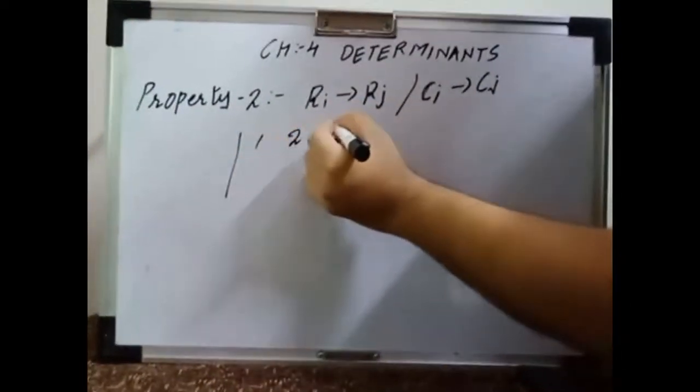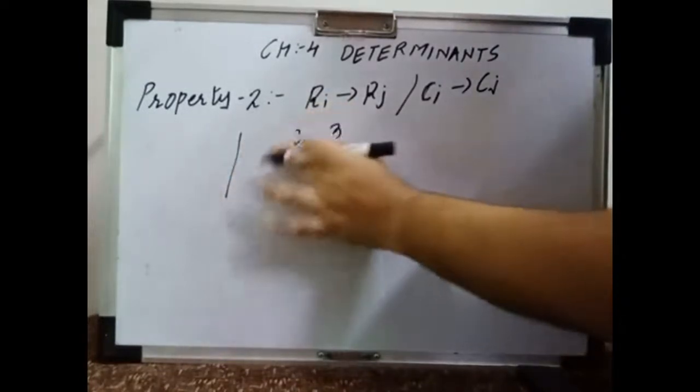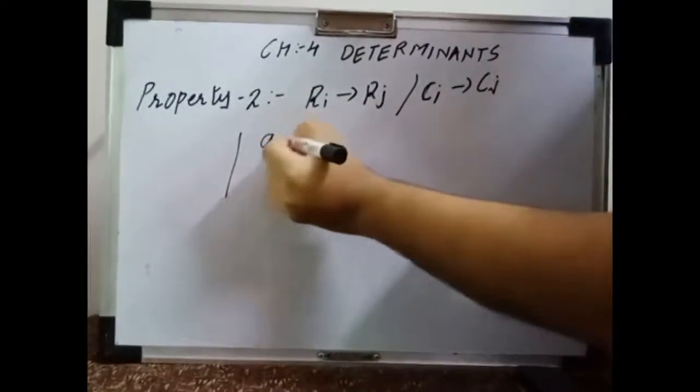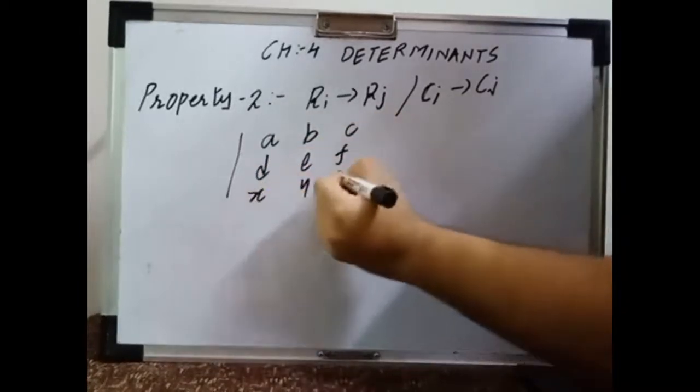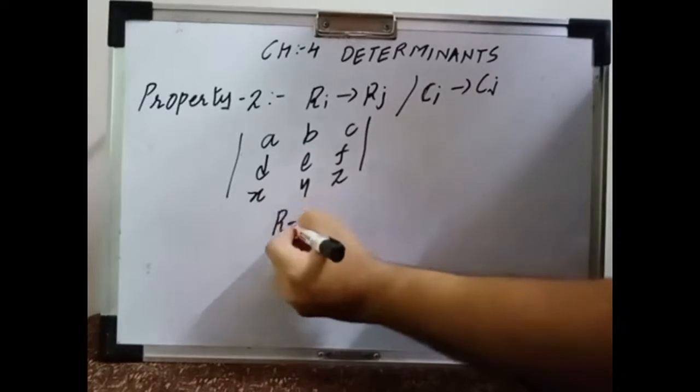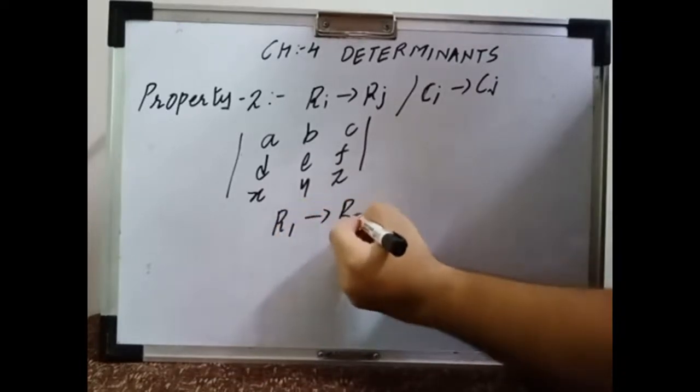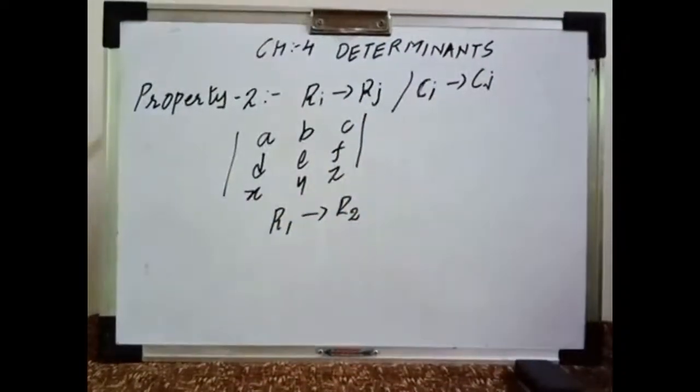Suppose your given determinant has rows A, B, C, D, E, F and so on, and I apply R1 to R2. This property says that you should interchange row 1 and row 2, meaning your row 1 will become row 2 and row 2 will become your row 1.